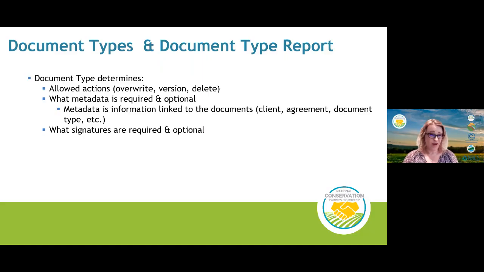Can you overwrite it? Can you version it? Can you delete it? It also determines the information or metadata that needs to be linked to that document so that we can find it appropriately, and what signatures are required and optional.